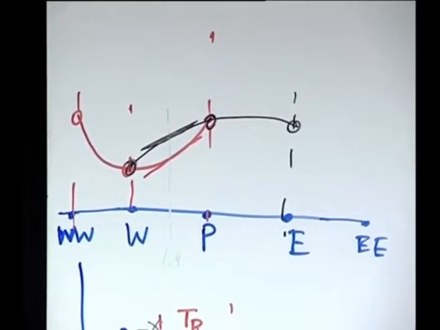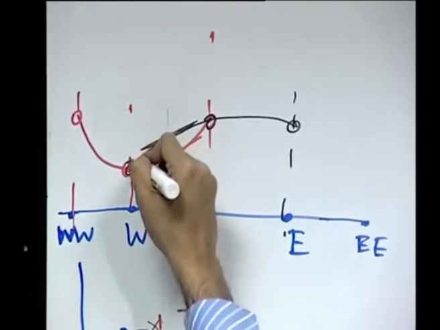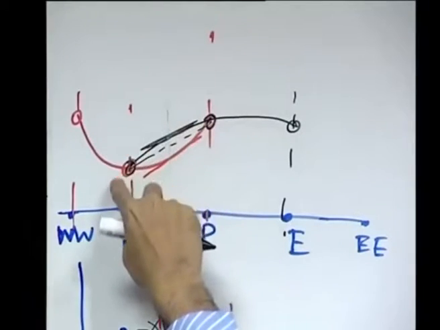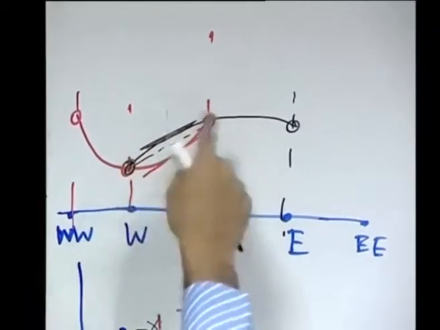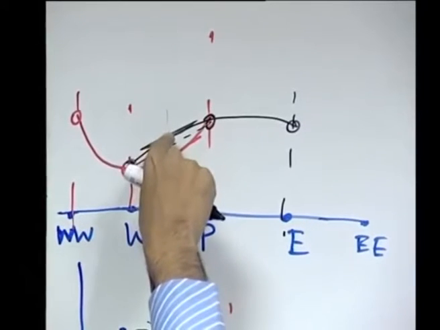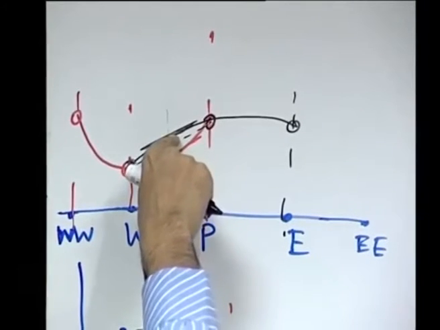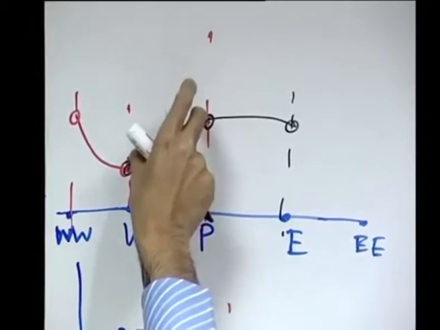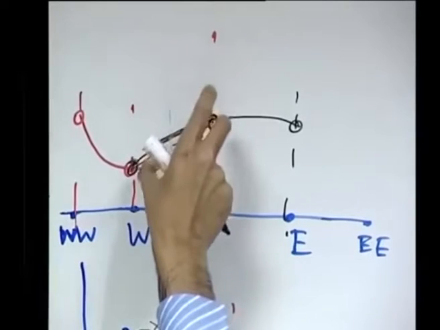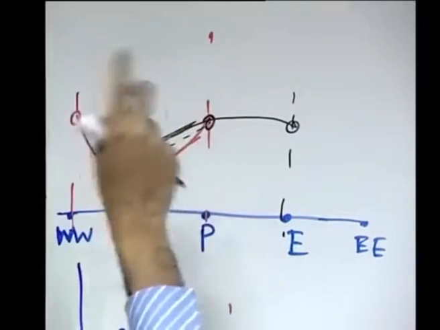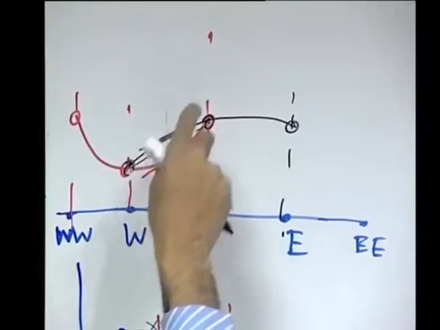If you recall, there is a theorem called Rolle's theorem in calculus. What it says is that if you have a chord like this, and you have a function which is continuously differentiable in between, then the function has at least one point in between where the tangent is parallel to the chord, that is, the slope of the tangent is the same as the slope of the chord. So that point happens to be here.